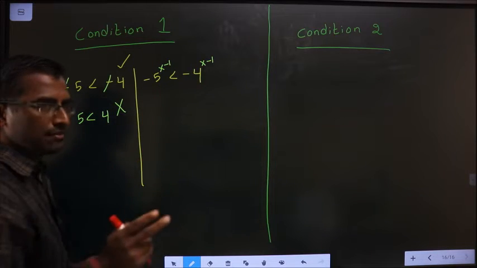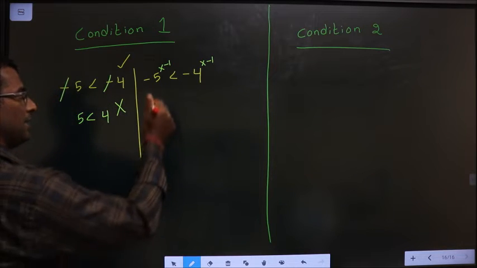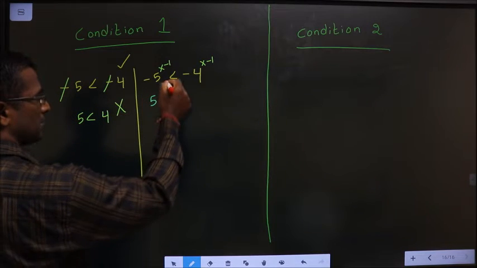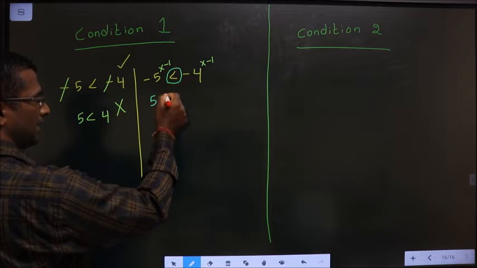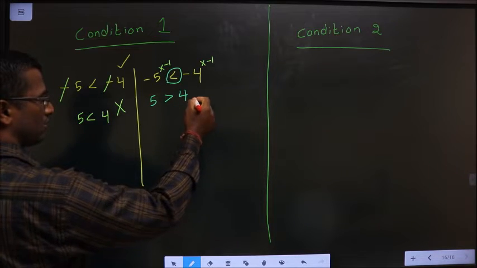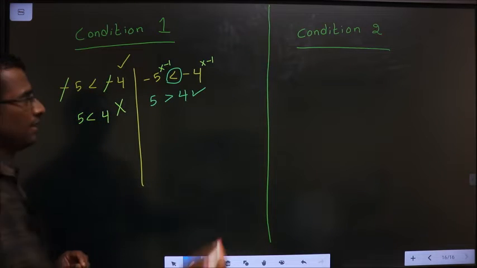So you are multiplying with a negative number, so the inequality will change its direction. What I mean is, minus 5 into minus 1 is plus 5. Change this direction, greater than minus 4 into minus 1 is plus 4. Now this is true.